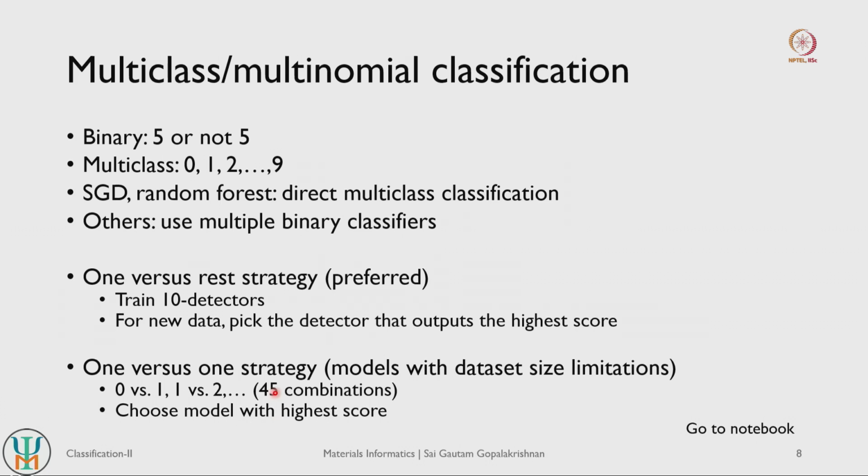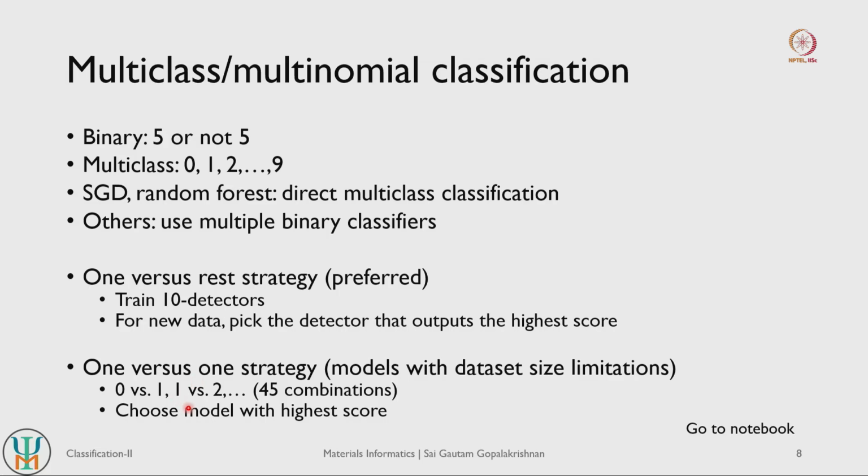Now you may think, okay, this is a very redundant strategy, why would I ever train 45 different models? Well, if you have very small data sets, say only 100 or 1000 data points, you may actually want to train a lot of different models so that your model learns different possible combinations and learns whichever combination is the most discriminating among the lot.